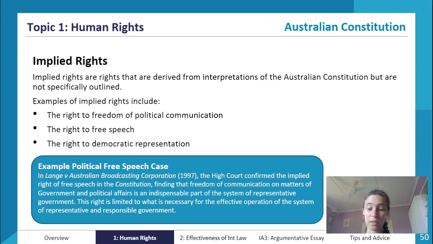Because it has to be necessary for the effective operation of the government. So if it's not necessary, then that's one of the instances where you don't have that right for freedom of political communication. And other ones, free speech and democratic representation as well. So they are implied because it's about interpretations of the Australian Constitution, so they're not specifically stated or outlined.